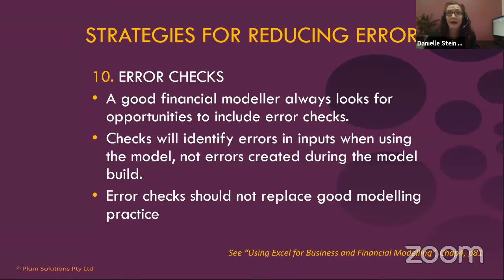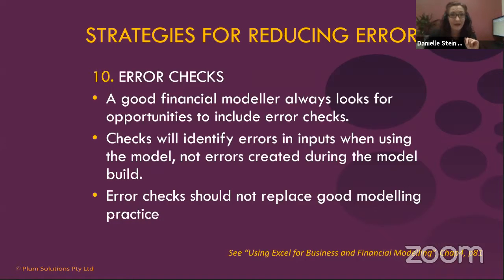So the last strategy for reducing error, and one that's very important, is error checks. A good financial modeler is always looking for opportunities to include error checks in their model. So whenever you know that this calculation here should be equal to this calculation here, you want to make sure that they're the same, and so you just do an error check.